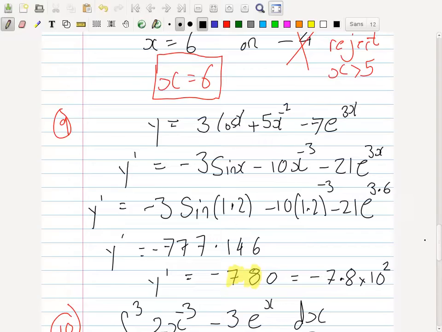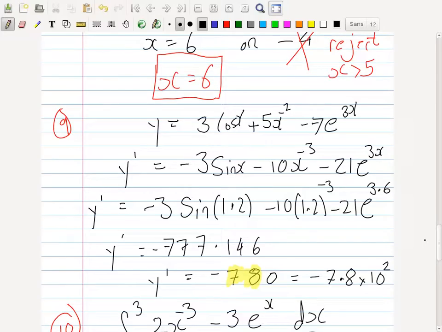So shift, okay, let's see. 3 cos x and then we have 5 over x squared.